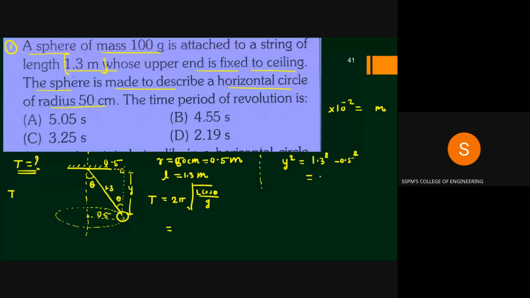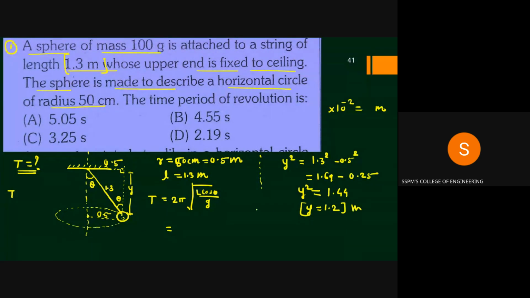So 1.3 square, 13 square will be 169, so it is 1.69, minus 5 square will be 25, so 0.5 square will be 0.25. So if you subtract 1.69 minus 0.25, you will get the answer as 1.44. Basically 1.44, you can treat this as 144. So 144 is the square of 12. So if you take the square root, you will get y is equal to 1.2.